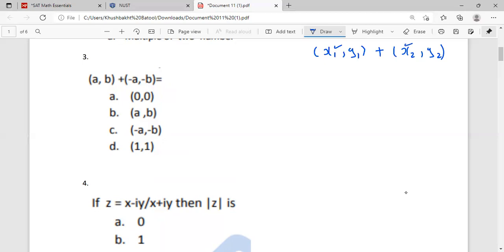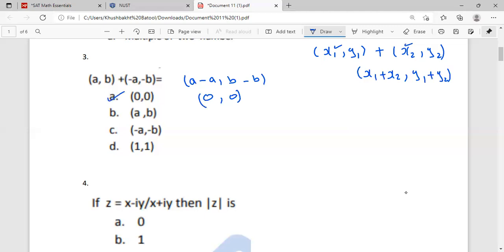Okay, so I can only add x1 and x2, and I can only add y1 and y2. With this reference I know that I can only add a with minus a. So if I add a and minus a, I would get 0, and if I add b with minus b, I would get 0. So (0, 0) is the answer, so A is the answer, right?